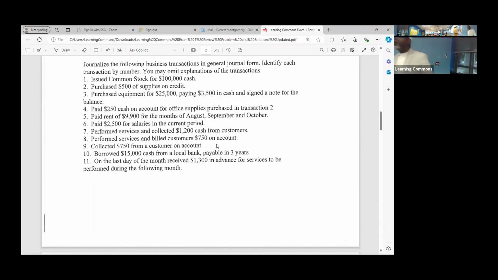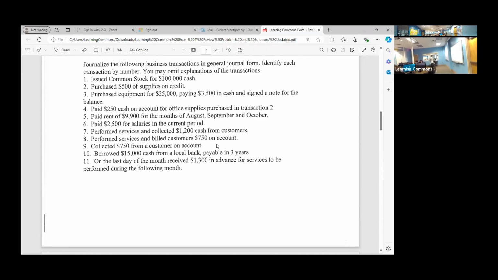Now, sometimes students like to get that mixed up with accounts payable. The reason why it's not accounts payable is because it says you bill customers. Customers is tied to what account? Accounts receivable. The minute it says customers, they're talking about accounts receivable.